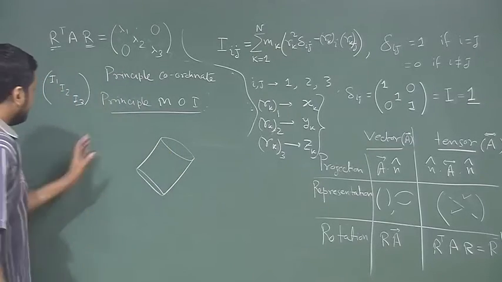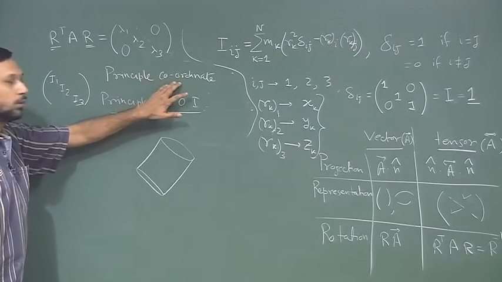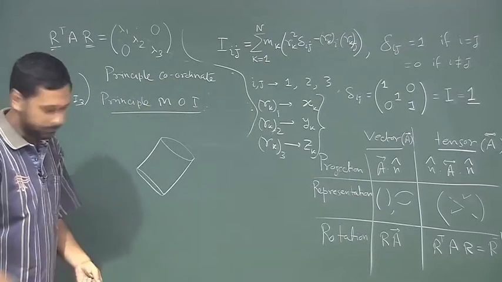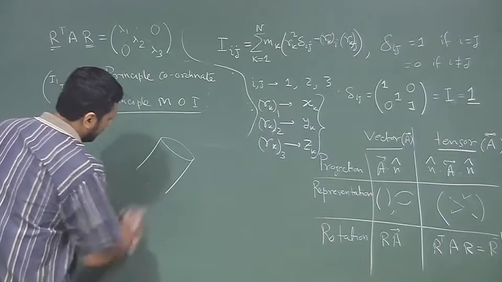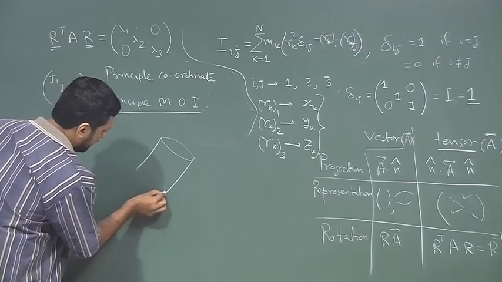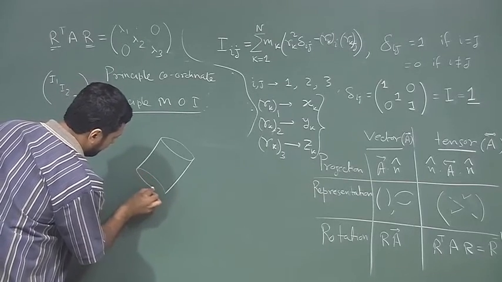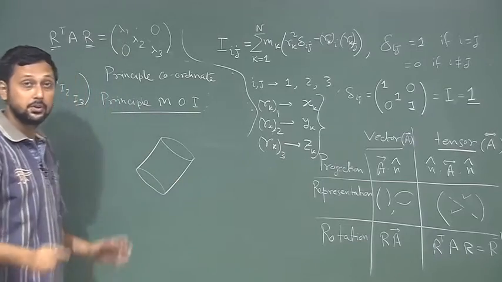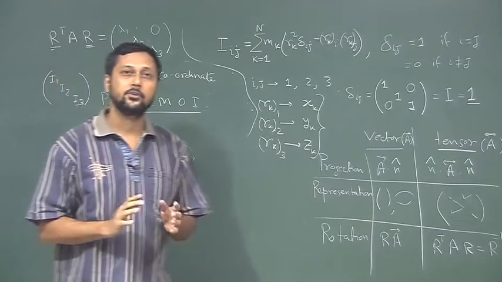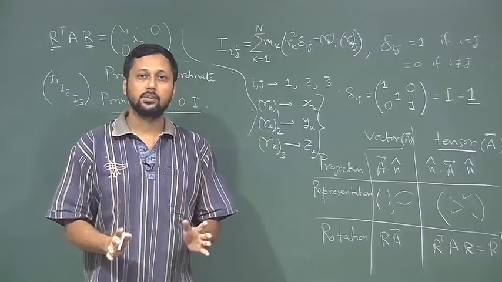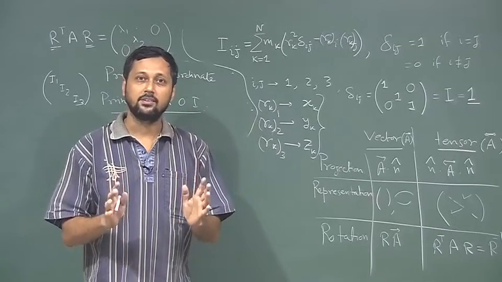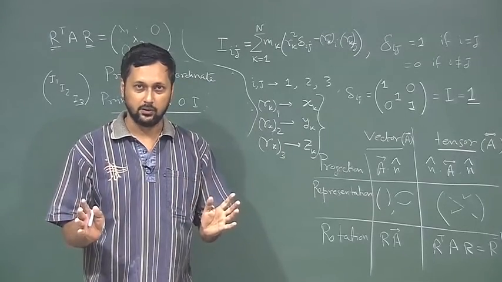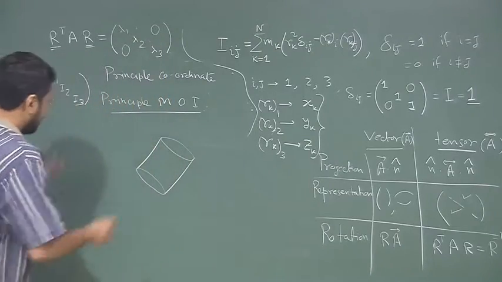Now, typically what happens is that principal coordinates, especially when we are discussing moments of inertia, which is a property associated with the distribution of mass, in most cases are related to the symmetry of the object. So, let us look at this example.